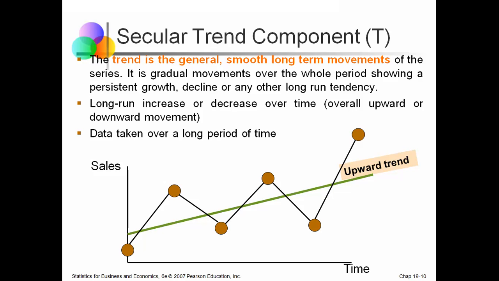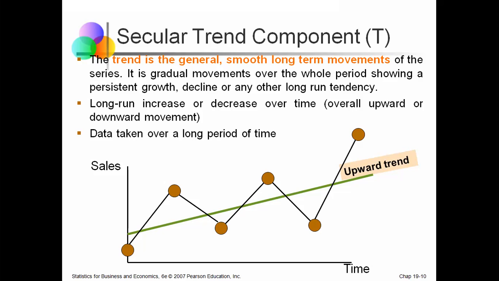It is a gradual movement over the whole period, showing persistent growth. For example, if you compare from 1950 to 2020, we can easily observe whether there is positive growth or negative growth. We can also look at any decline or any other long-term tendency over a period of time. For example, long-run increases or decreases over time.